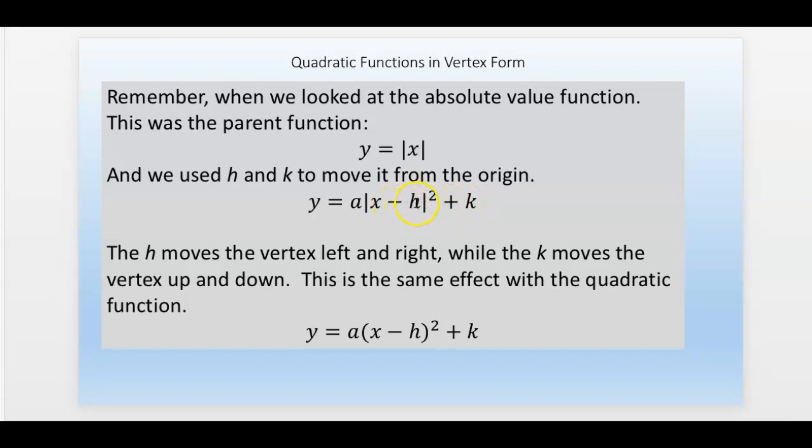And the h was always the opposite because it says x minus h. So whatever was inside here, we use the opposite to find the vertex. We're going to do the same exact thing with the quadratic. X minus h squared, that makes it a quadratic.